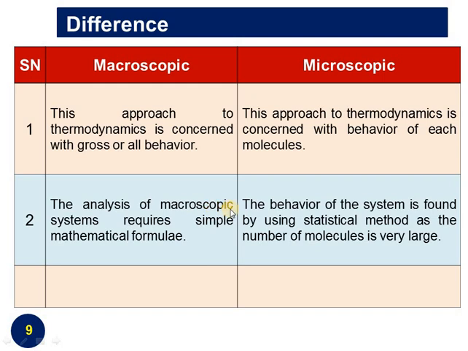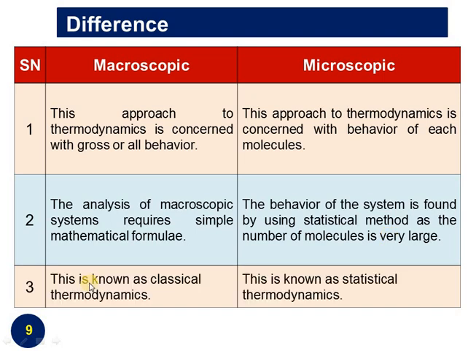The analysis of the macroscopic system requires simple mathematical formulas, and in the microscopic approach we are dealing with a number of molecules, so we require statistical or a large number of mathematical formulas. The macroscopic approach is known as classical thermodynamics, and the microscopic approach is also known as statistical thermodynamics.